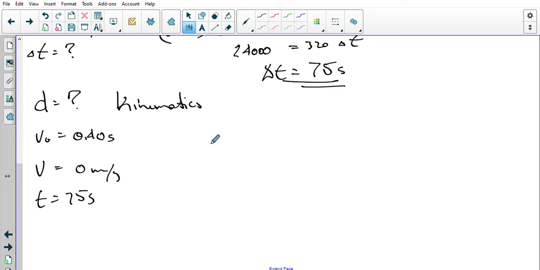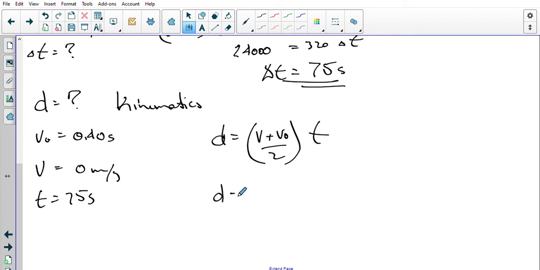So what we can do is d is equal to our v minus v naught over 2 times our time.